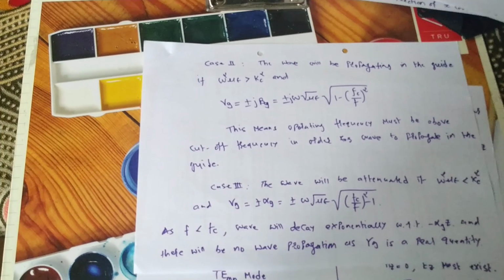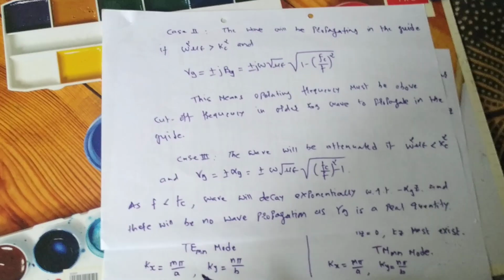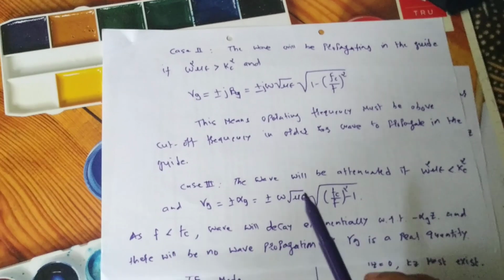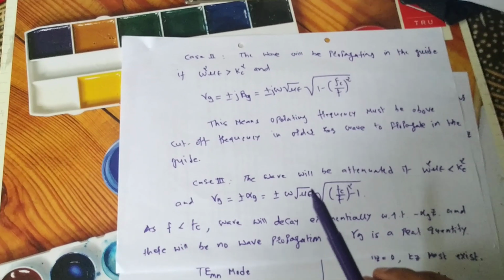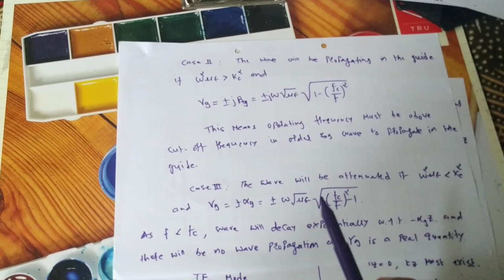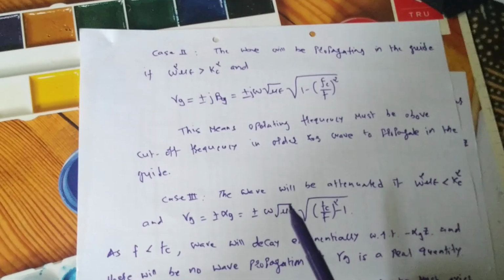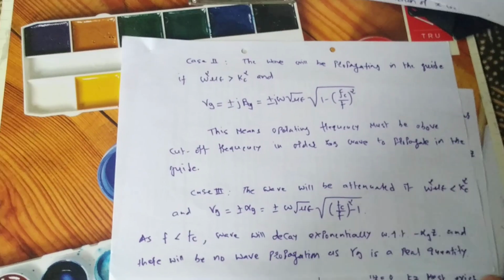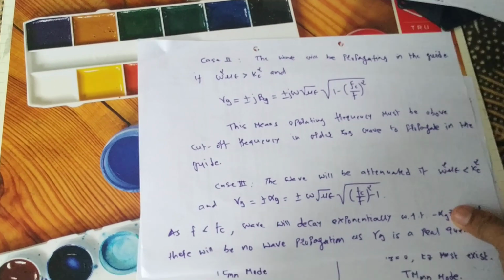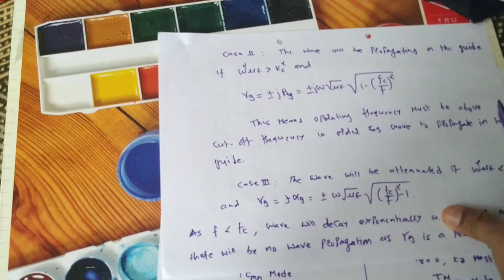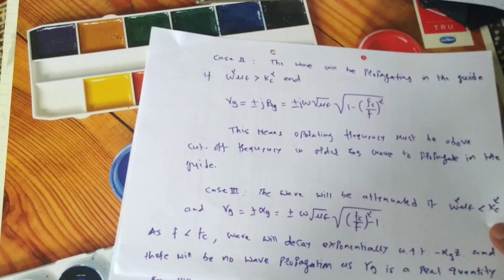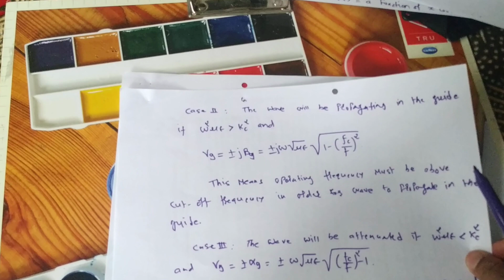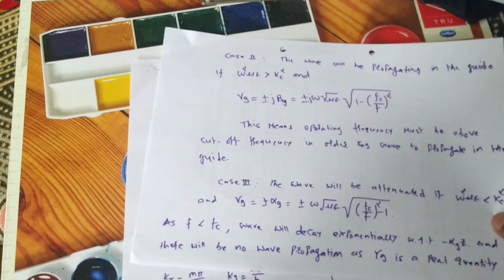So this way we can say that the wave can only be propagated inside the waveguide if the operating frequency is above the cutoff frequency. So we have seen the three cases for the propagation constant gamma g.